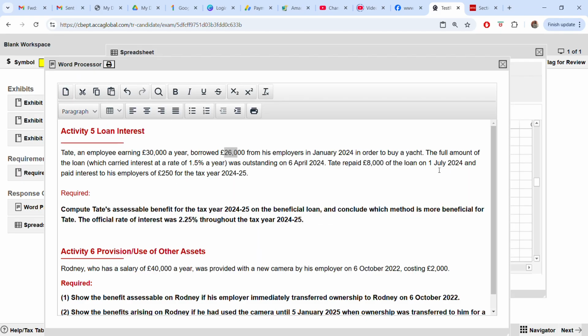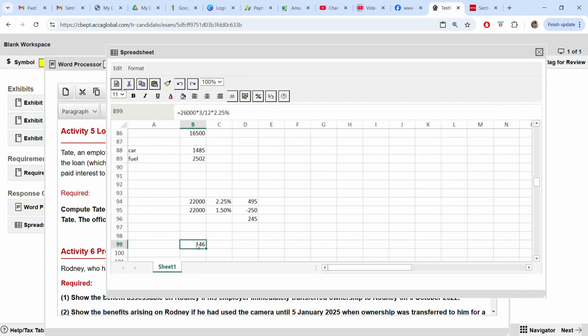Next, the amount of loan. You are repaying 8,000 on 1st July. From July to April 2025, how many months? The remaining 9 months. So it will be 18,000, after you repay 8,000, 18,000 times 9 months times 2.25%.